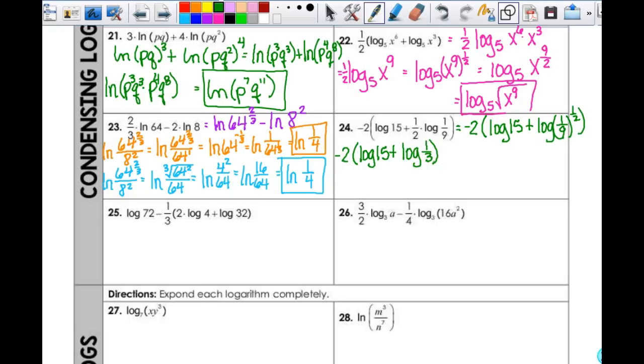So when I condense those, I get negative 2, and this becomes multiplication, so this is negative 2 times the log of 15 times 1/3. So 15 times 1/3 is 3. So this is negative 2 times the log of, I'm sorry, it is 5, duh. 15 times 1/3 is 5, not 3, 5. Then this becomes my exponent. So this is going to give me log of 5 to the negative 2 power. So 5 squared is 25. That negative gives me the reciprocal, so that's the log of 1/25.